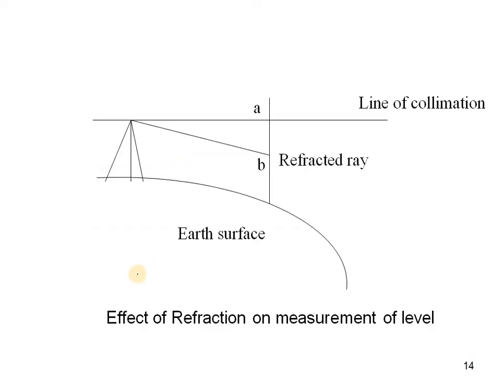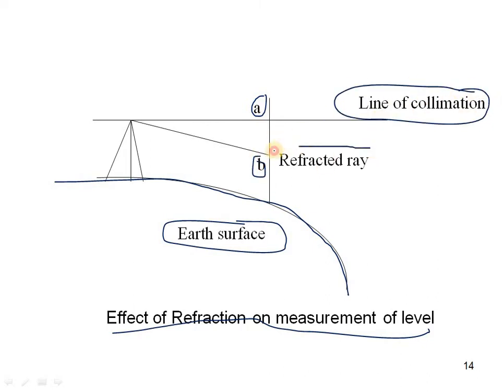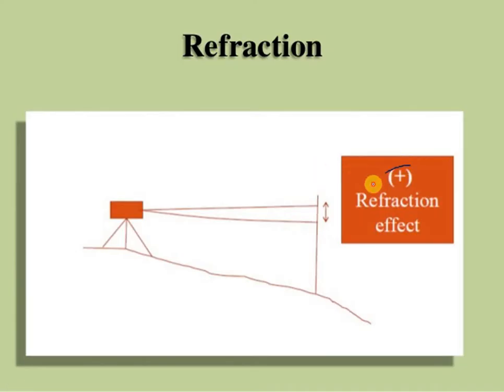We can observe here the effect of refraction on measurement of level. Our instrument is fixed here on a ground level. This is called the edge surface. From the point you are seeing A and B, in this position this is known as the line of collimation, and this is known as the refracted ray. The line B gets extended, and the difference between them we will know as positive.